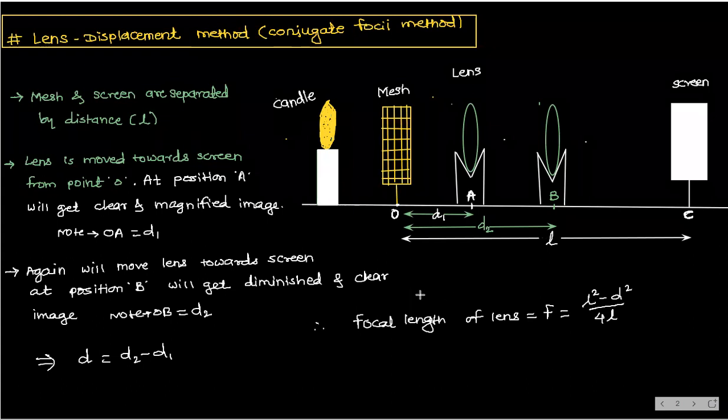This formula you will use for finding the focal length by the conjugate foci method. Where F is the focal length, L is the distance between the object, that is mesh, and the screen, and D is the difference between these two positions. This we will do practically. So note down fast.